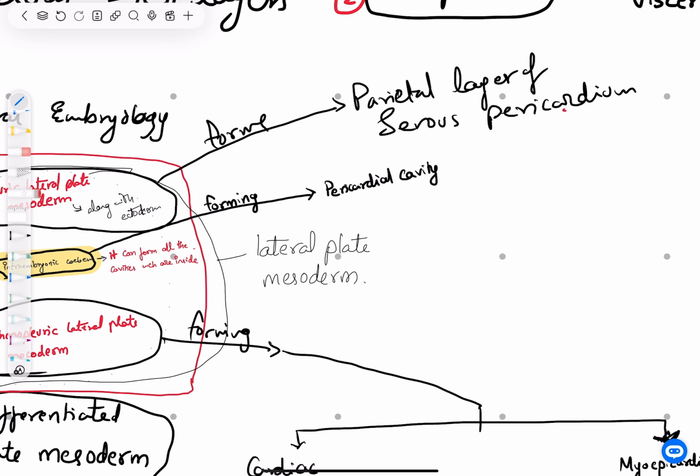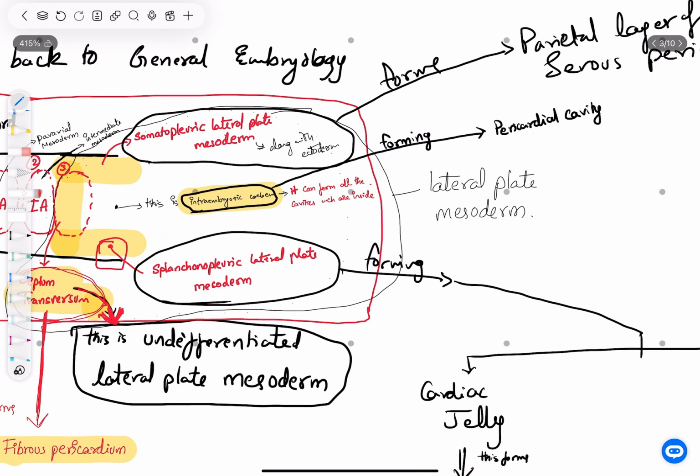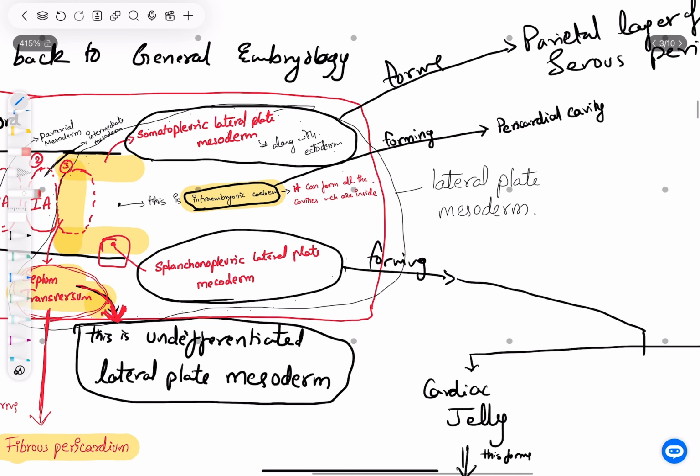All right. The space between the somatopleuric lateral plate mesoderm and splanchnopleuric lateral plate mesoderm is the intraembryonic coelom. This intraembryonic coelom forms all the cavities which are inside, that is, it forms the pericardial cavity.